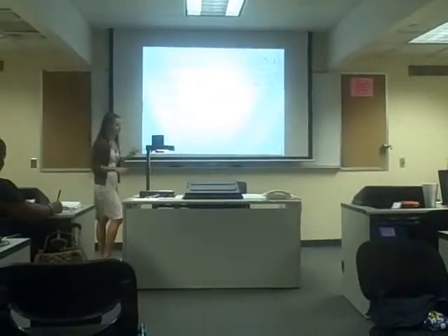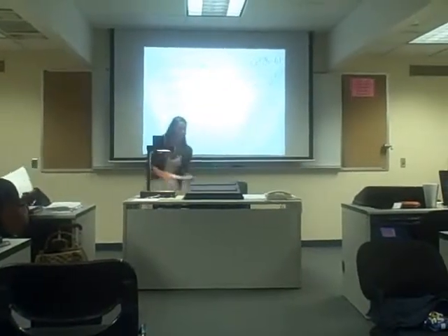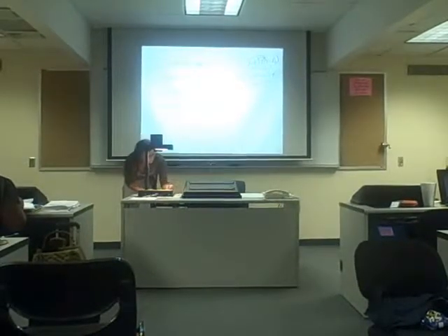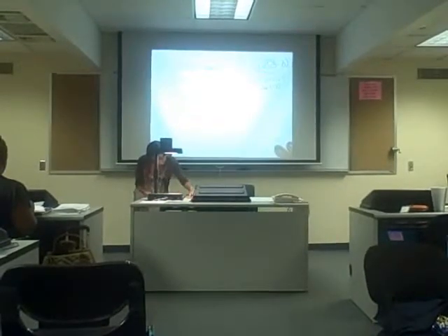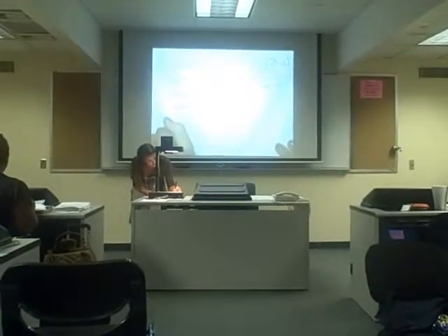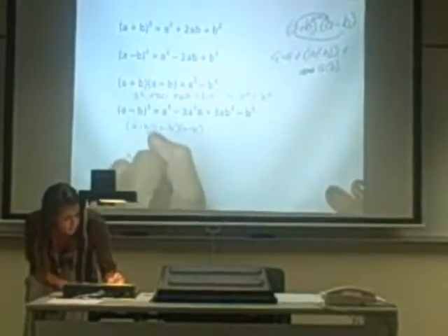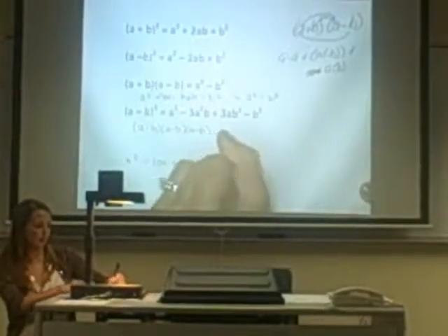But what I'm going to do is, in the warm-up, this was the problem in our warm-up. Remember, we said that the answer was going to be x minus 5 squared.